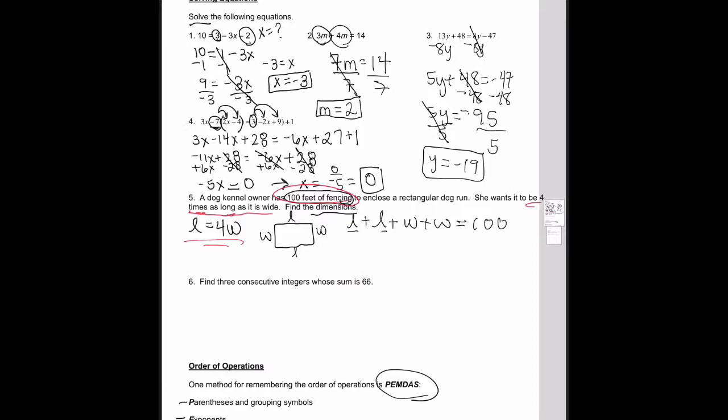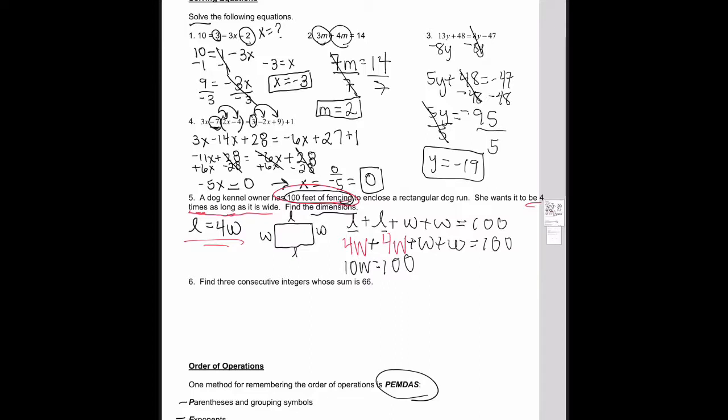So now instead of L, I'm gonna write 4W, and then we still have plus W plus W equals 100. Now notice that we have only W's as our variables, so we can combine like terms. So 4W plus 4W plus 1W plus 1W will give us 10W.